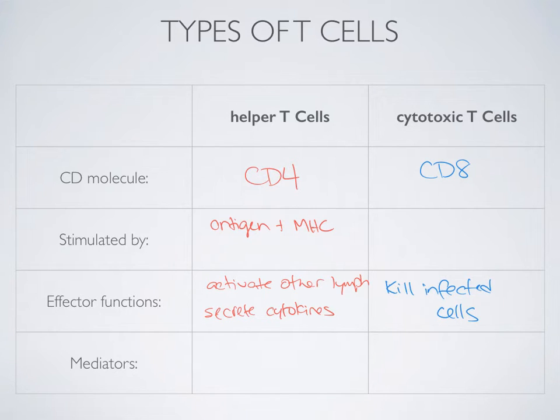Are they stimulated by any cell or by antigen-presenting cells specifically? So T helper cells are only stimulated by antigen-presenting cells which express MHC2.